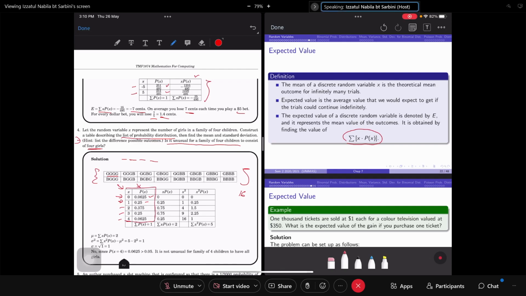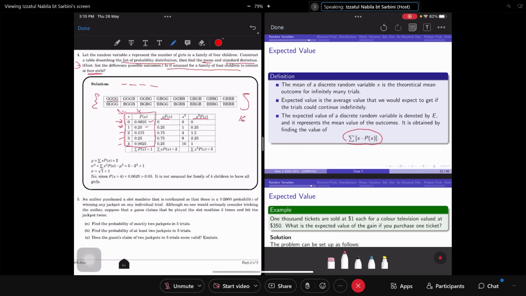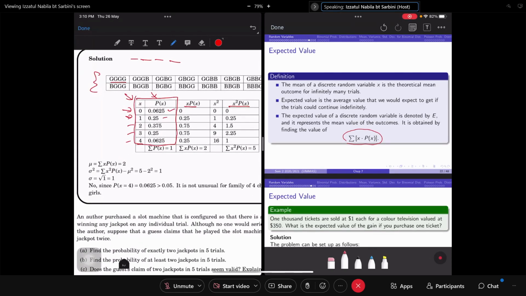Once you have this probability distribution table, you need to calculate the mean and standard deviation. Like question number 1 just now, you need to expand the table to x times px and x squared times px because you need to calculate the mean after this. You calculate using the formula for mean.